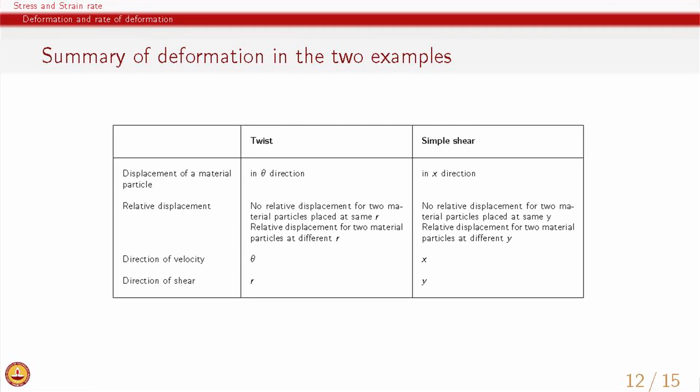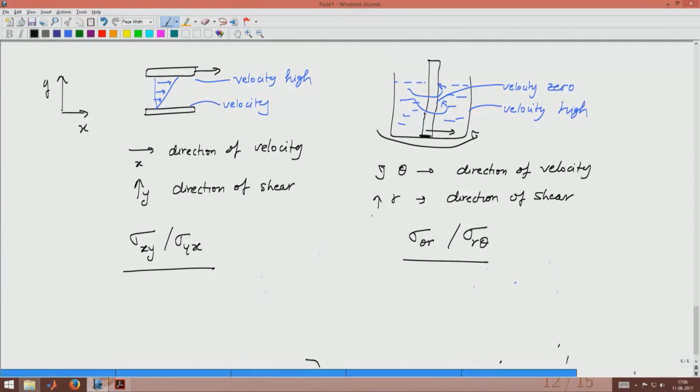So, for example, if I take 2 points which are a little bit away from each other, but they are at the same r, points at same r have the same velocity. So, therefore, no relative displacement.